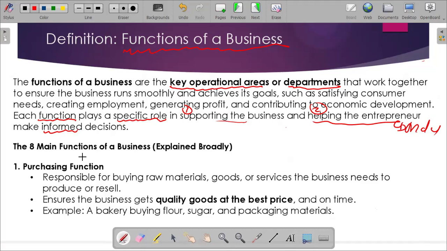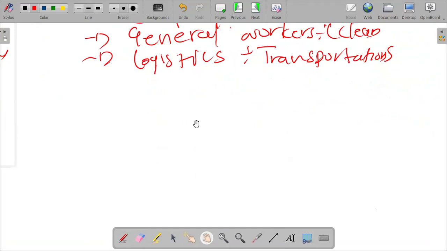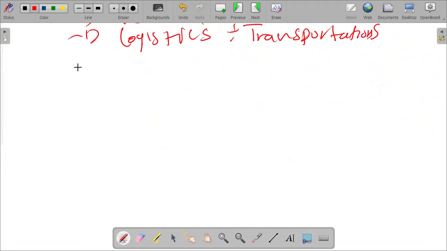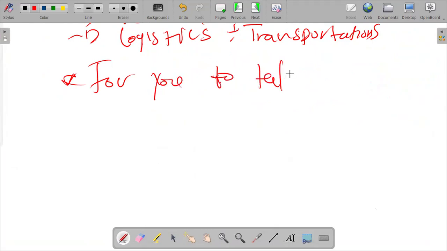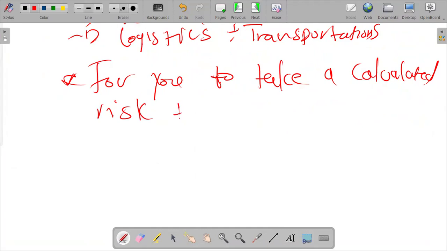Before you take this risk, you need to know what is happening. For you to take a calculated risk, what needs to happen?